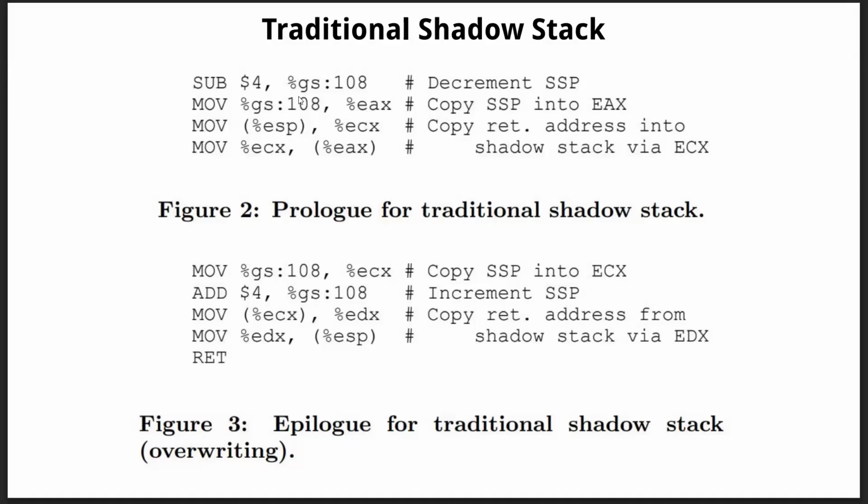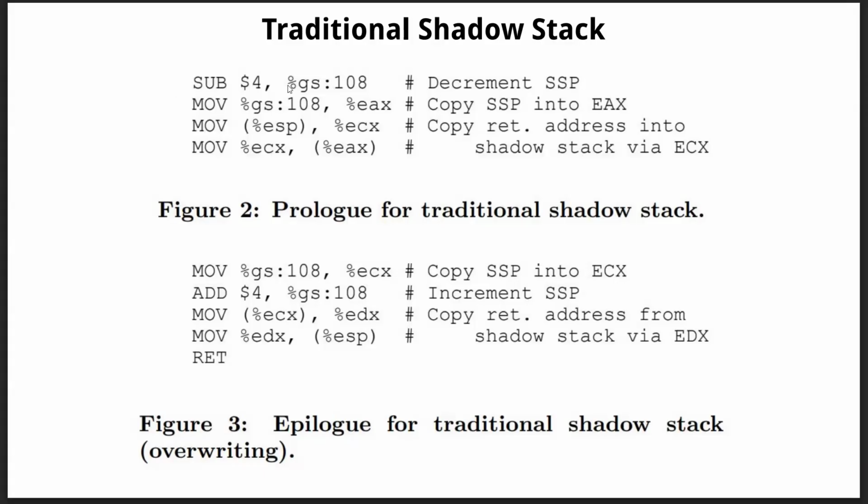Let's say GS 108. GS is a general register. This is to indicate where our shadow stack is. Let's say there is a variable in the memory, and we think that variable is a pointer. That is our shadow stack pointer. We call it SSP.